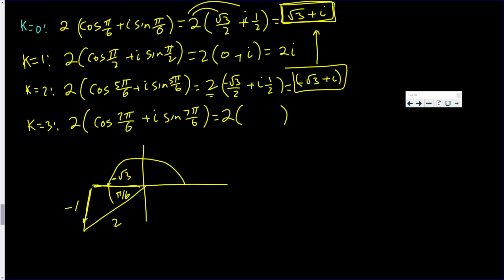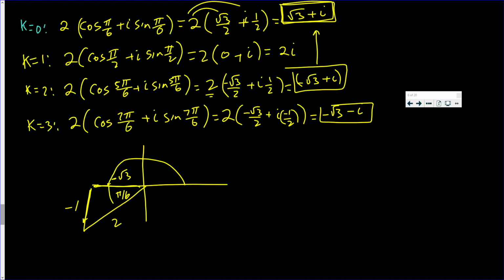The cosine of this angle is negative square root of 3 over 2 plus I times the sine of the angle, which is negative 1 over 2. Distributing the 2, we get negative square root of 3 minus I.